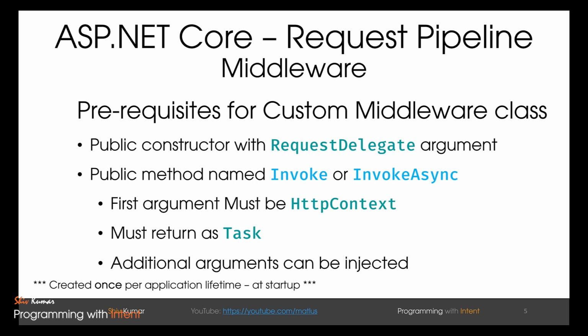Once it's created, this stays up for the entire lifetime of the application until the application shuts down. So this class is effectively a singleton, and therefore there should be no state maintenance in your classes. They should be simply working on the methods and the arguments that come to it from the method. That's it, no state. So that's another key aspect to keep in mind.